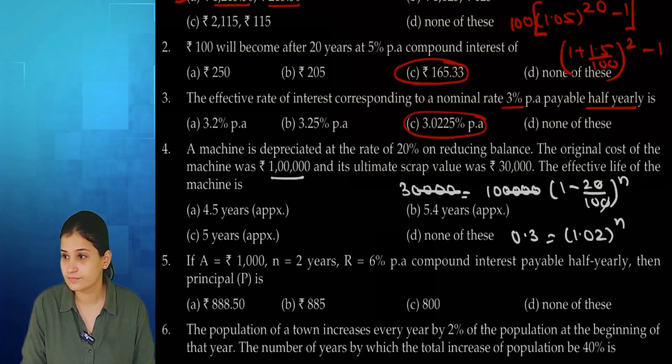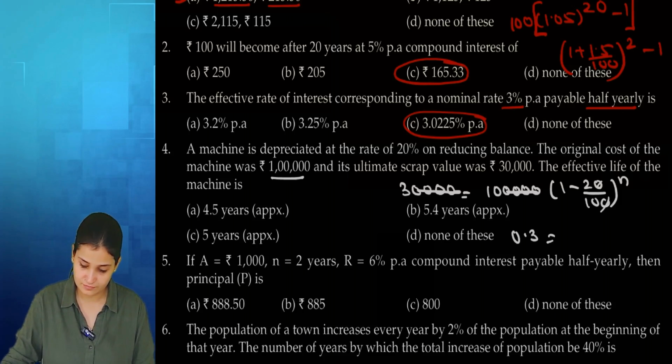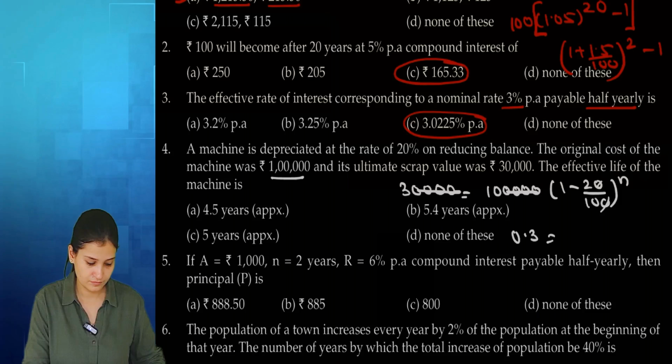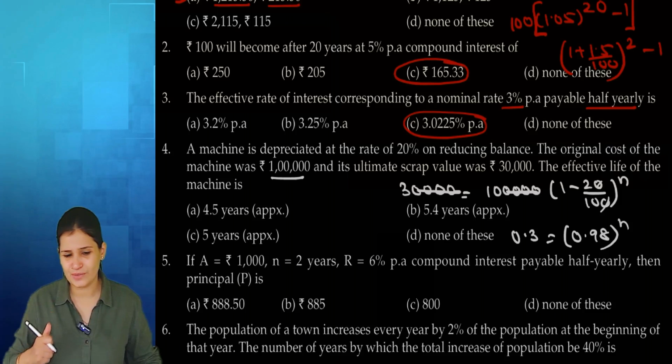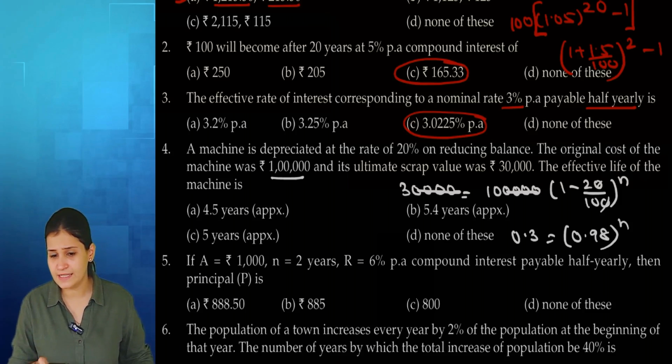No, ma'am. Is it okay till here? Sorry, minus 0.98. Guys, please be careful when you say yes. Is it okay? Please understand and let me know if it's okay.